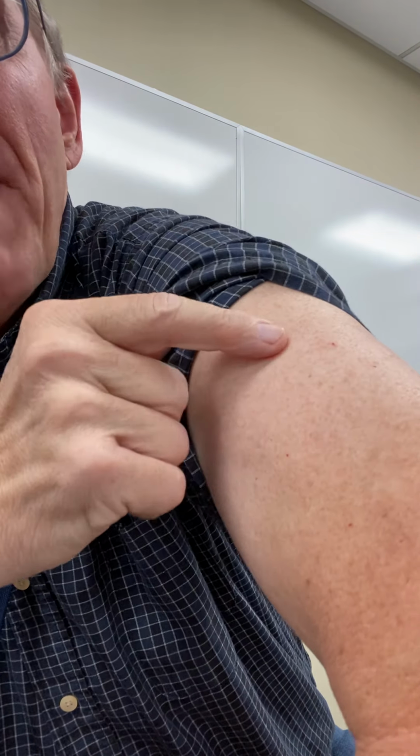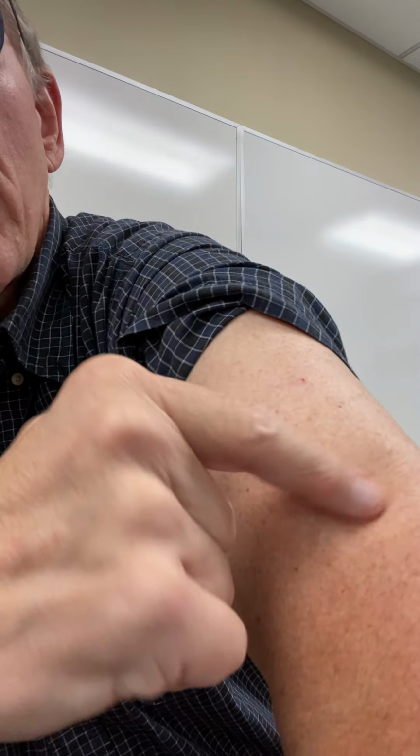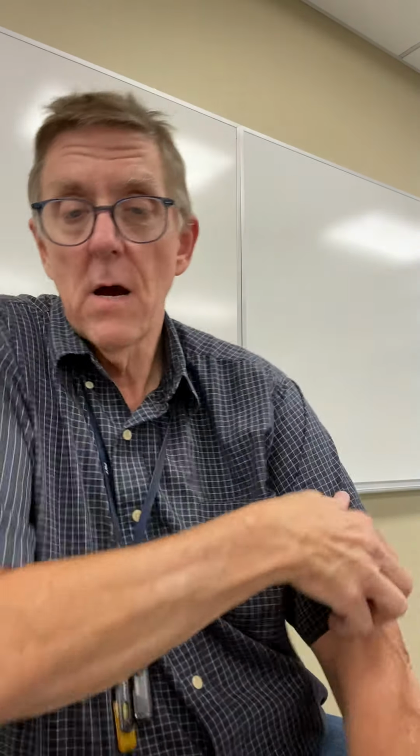I'm trying to see if you can see it. I have a patch of pigment here, right here on my shoulder, and I should have one on this side too. When I was in graduate school, I was working in the field of marine biology, and I remember it was like March, and I was out in a boat, and I had on a t-shirt, and I was doing some work with animals collected from the bottom of the sea, and I thought, I'm gonna roll up my sleeves like this so that it's not just my arms that get tan, it's my shoulders too.